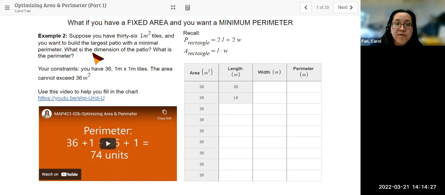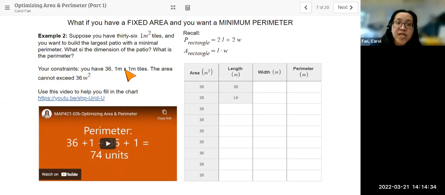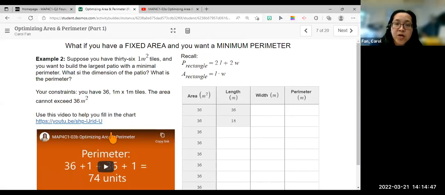What's the dimension of this patio and what's the perimeter of it? The constraint is that we have 36 1-by-1-meter tiles. The area can't be greater than 36 meters squared. So we're going to watch this video, and we will fill out our chart again.